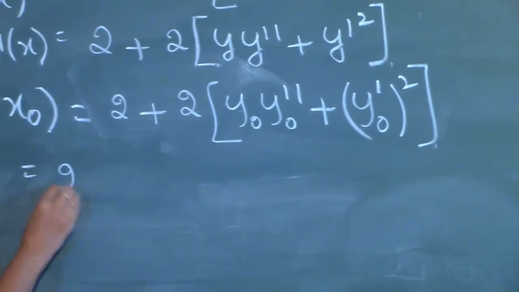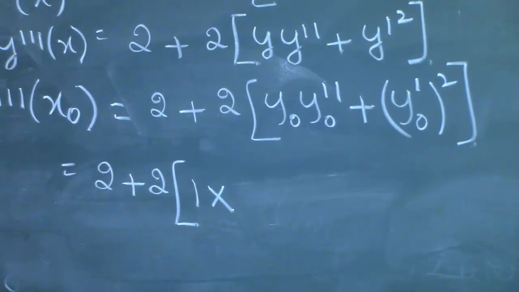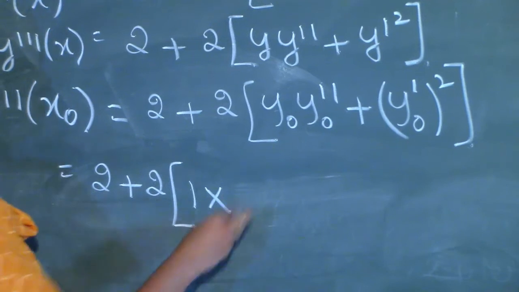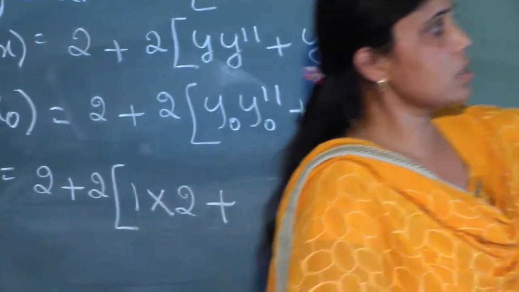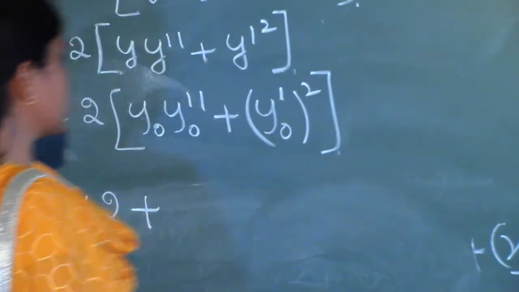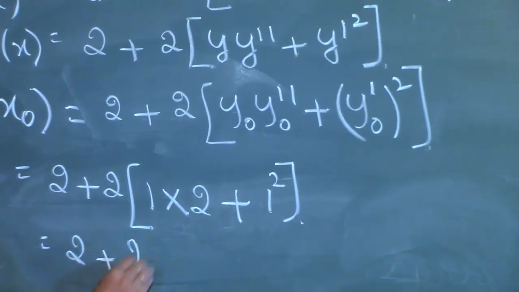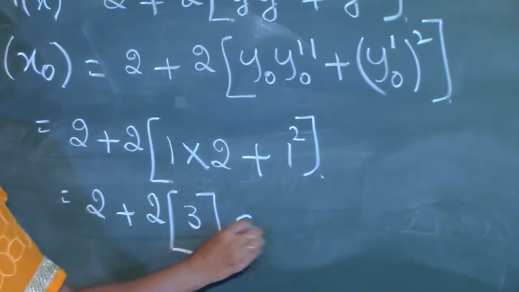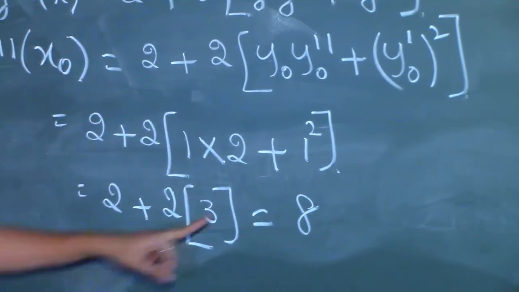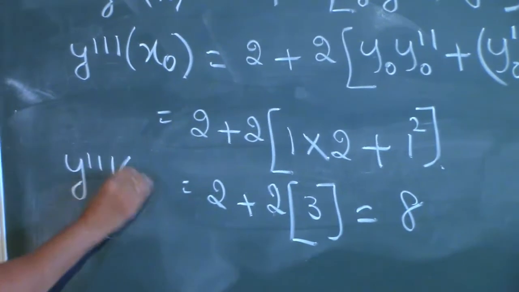This is equal to 2 plus 2 into y naught double dash value is 2, plus y naught dash value is 1 square. That is equal to 2 plus 2 into 1 into 2 is 2, 2 plus 1 is 3, this is equal to 8. 3 2s are 6, 6 plus 2 is 8. So this is your y triple dash of x naught value.